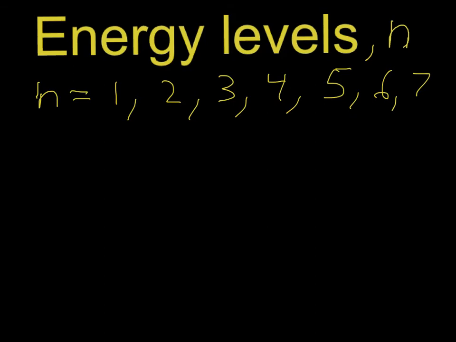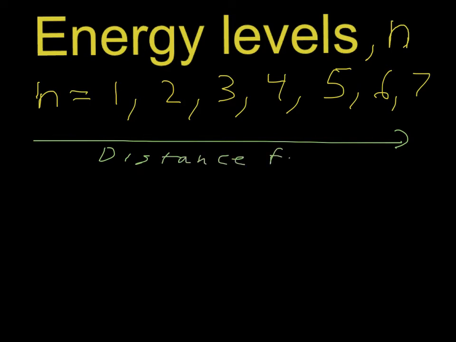And as the value of n increases, two things happen, two trends that we can look at. The first trend is the distance from the nucleus increases as n increases.